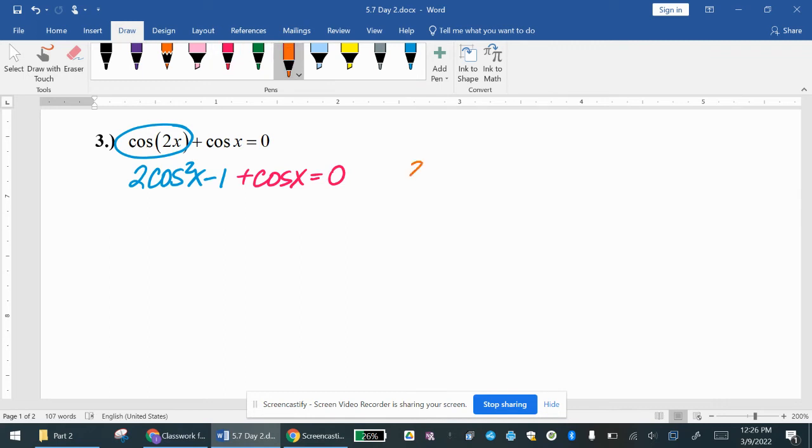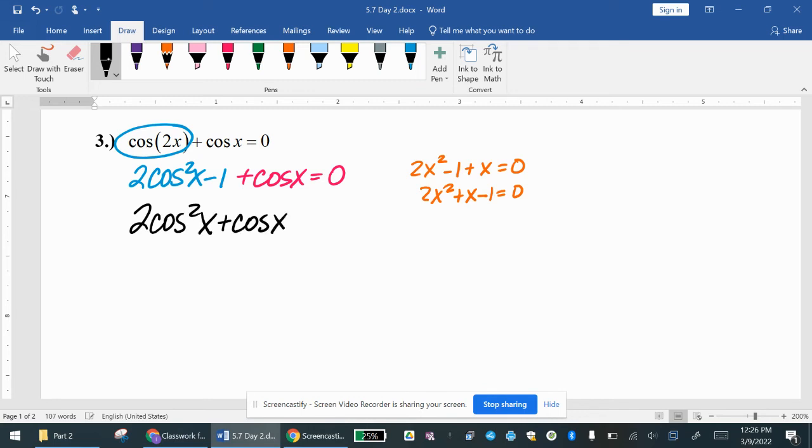Notice that if I rewrite this in a simpler way, this is a quadratic trinomial. So I'm going to go ahead and arrange the terms, quadratic term first, then linear, then constant, and I need to factor this. So I'm looking for two numbers that multiply to -2 but add to 1.